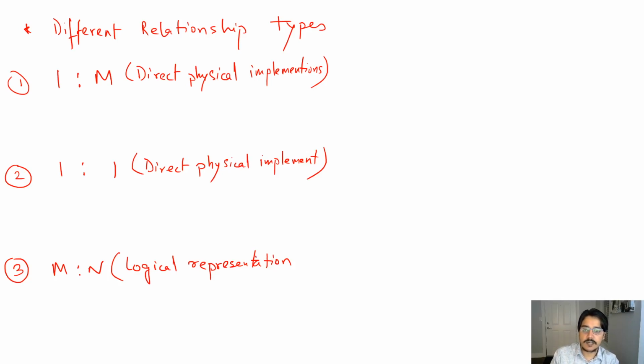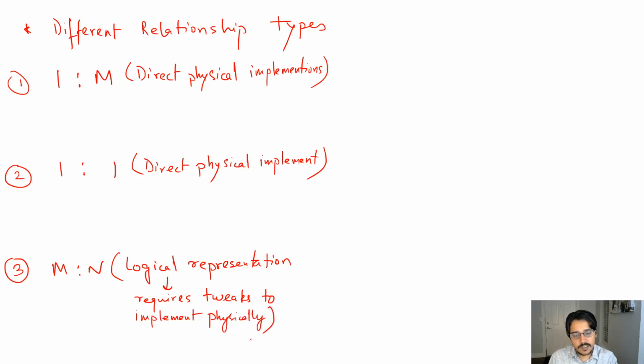We will see why we are saying that 1:m and 1:1 have direct physical implementations, whereas m:n is a logical representation, requires tweaks to implement physically. So this is just a quick remark that you have to keep in mind.